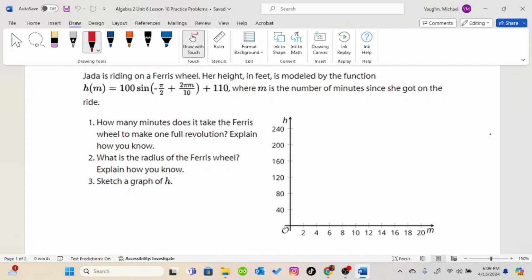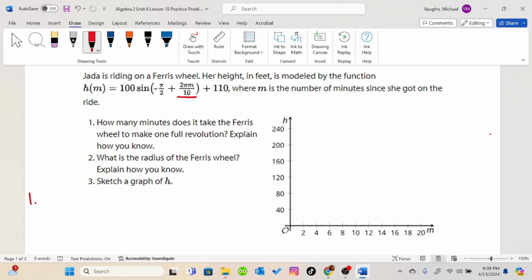Number 1, how many minutes does it take the Ferris wheel to make one full revolution? Explain how you know. For number 1, we look right here.